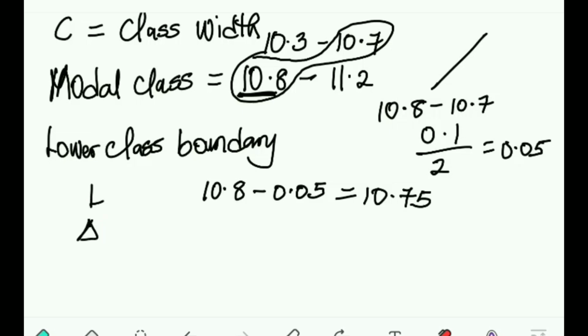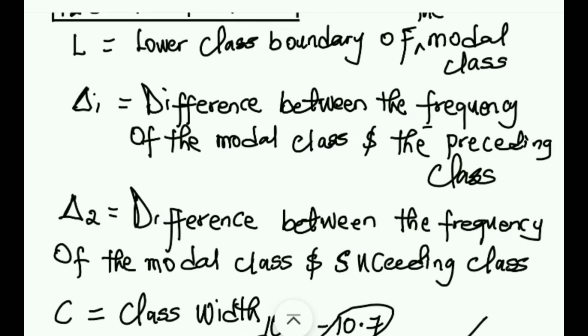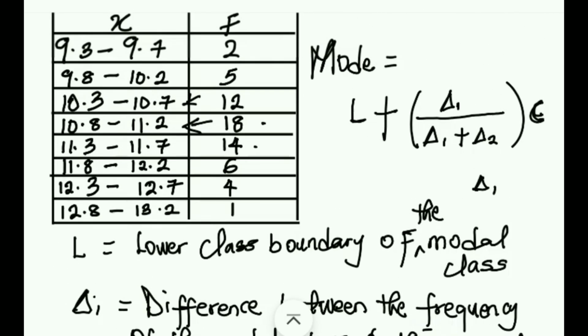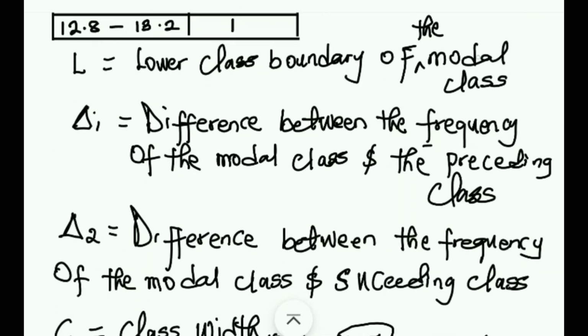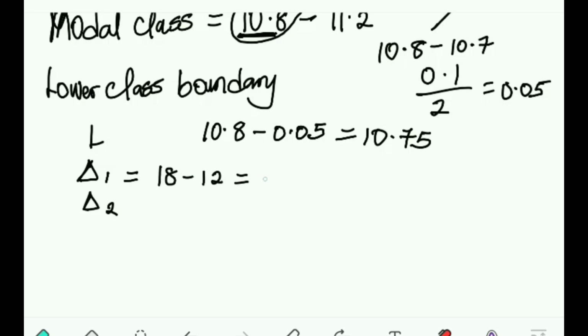So we need to get the change in 1. We also need the change in 2. What is the change in 1? Remember I told you change in 1 is the difference between the frequency of the modal class and the preceding class. So 18 minus 12, and this is going to give us 6.